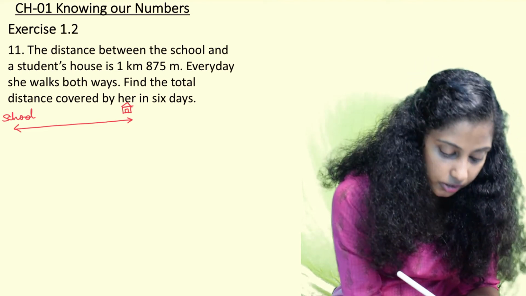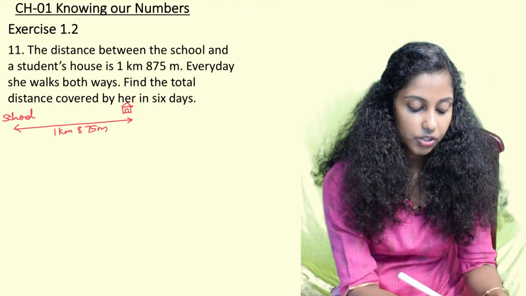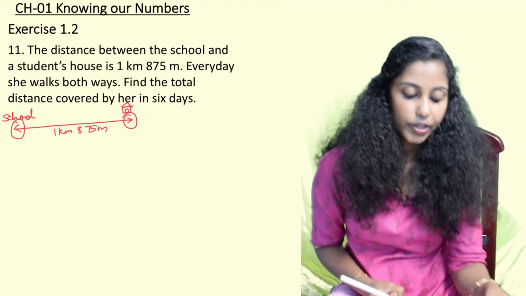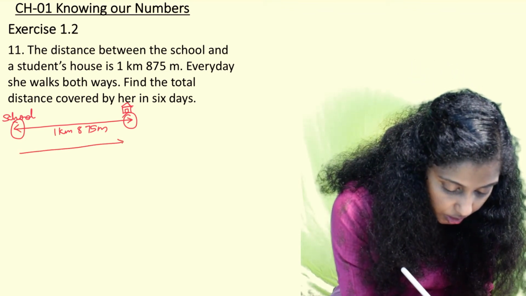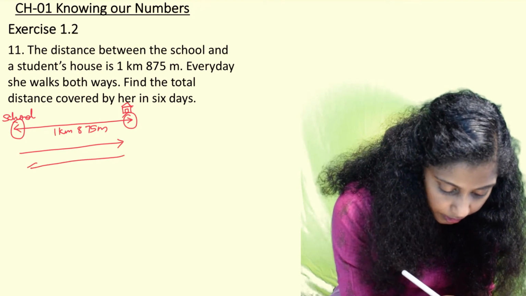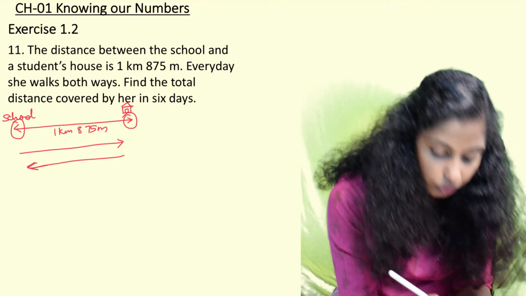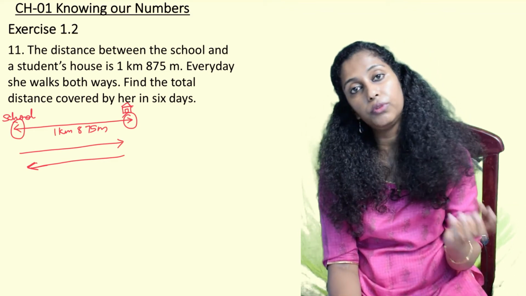So here the distance is 1 kilometer 875 meter between school and home. Every day she walks both ways. Both ways means one way is this 1 kilometer 875 meter once, and then like this second time also, 2 times.